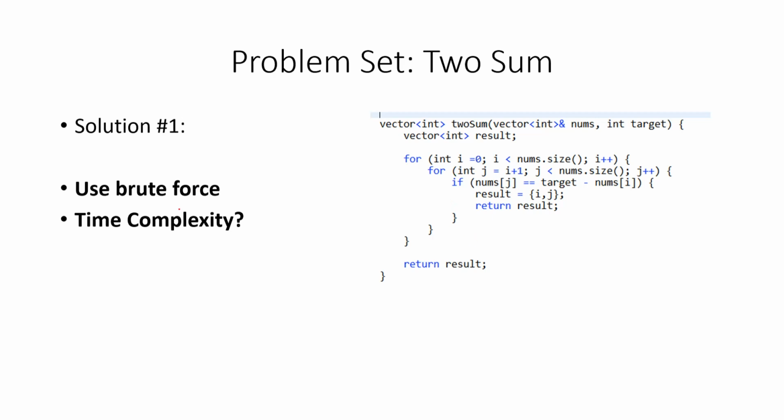And because we take every possible element and add it up with all other possible elements, it takes a lot of time. It's O of n square. Why O of n square? Because we take each element and compare with all other elements. And as you can see from the code, we have two for loops.